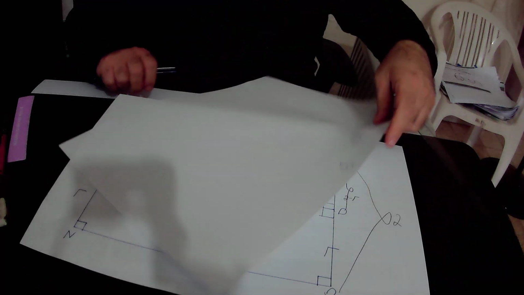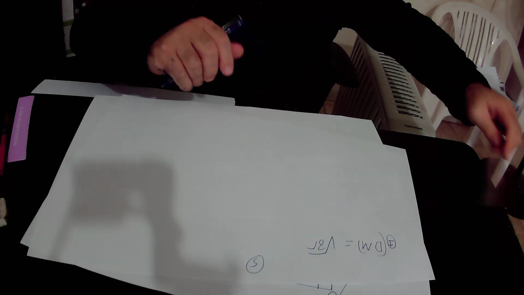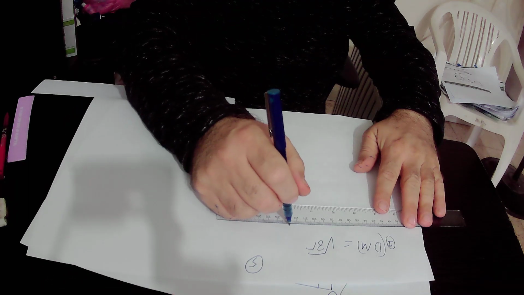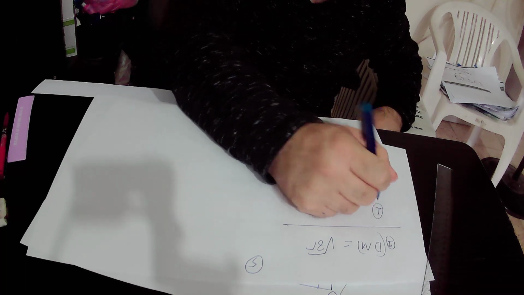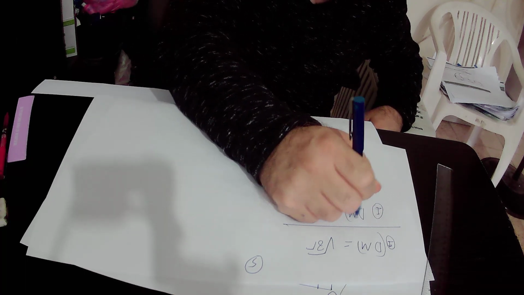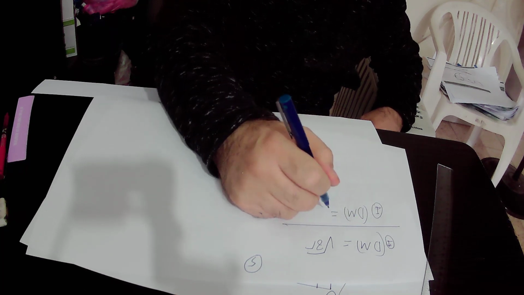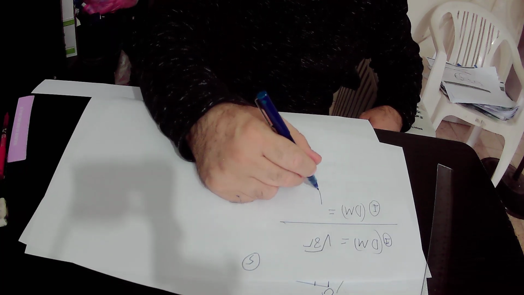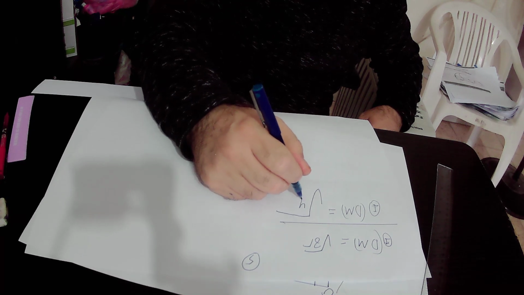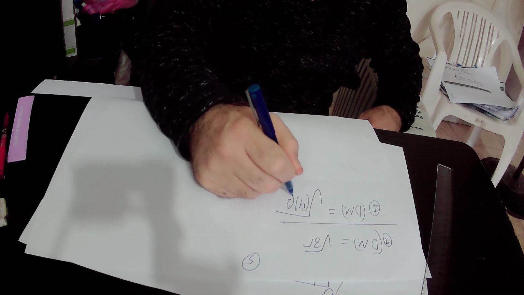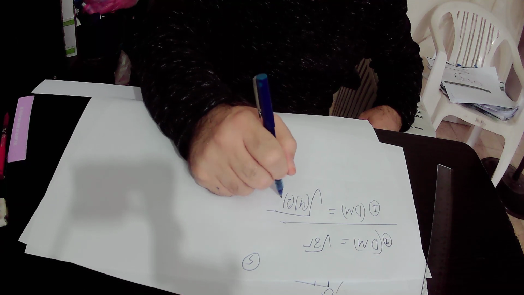DM equals, I will substitute 8 by 4 times 2, times R.